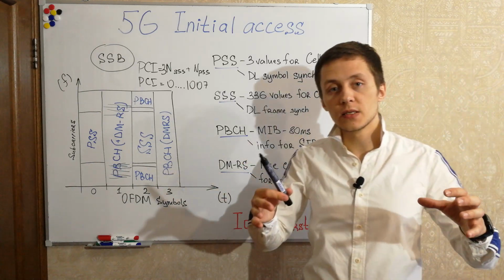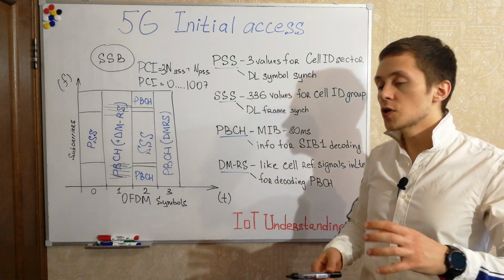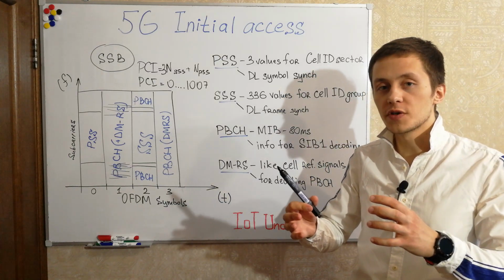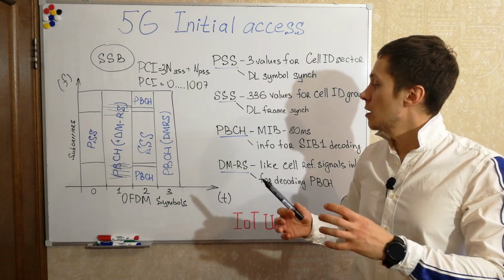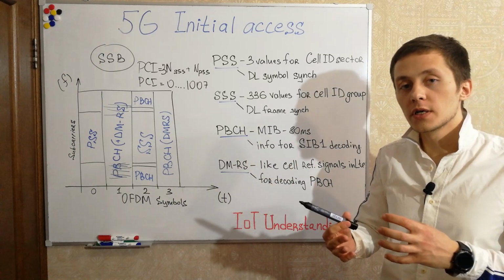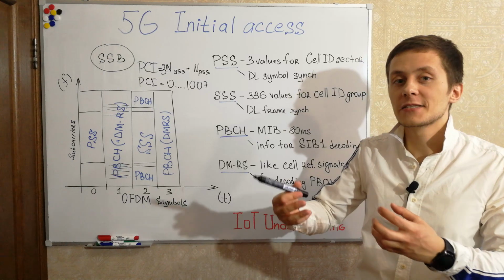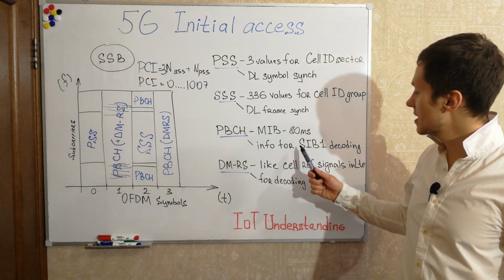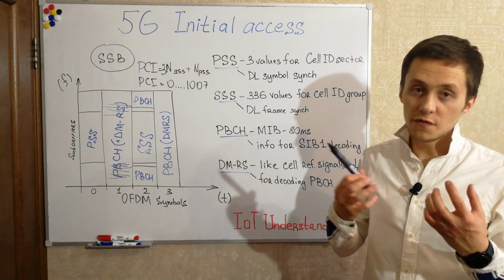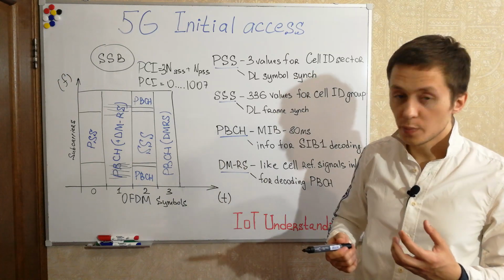Like in LTE, it has the system frame number, cell barring information, but also it has CORESET 0 configuration for monitoring the PDCCH channel and for receiving information from PDCCH, and for scheduling PDSCH information, actually for scheduling the SIB1 block and receiving some information about random access configuration resources on the base station side.